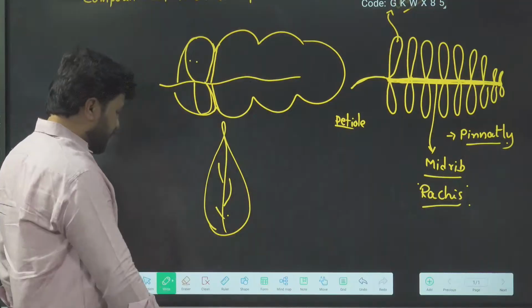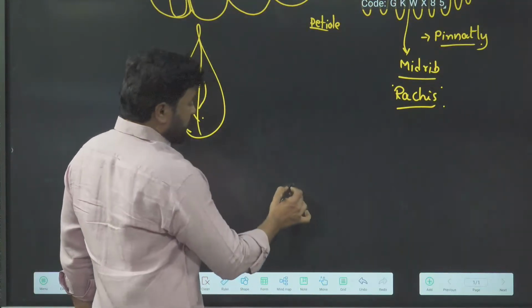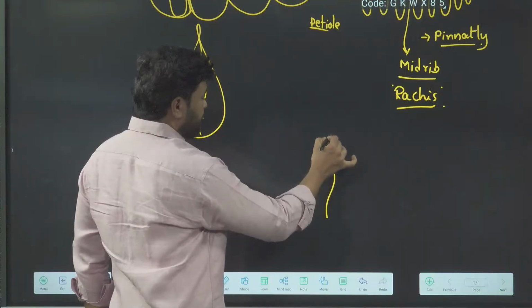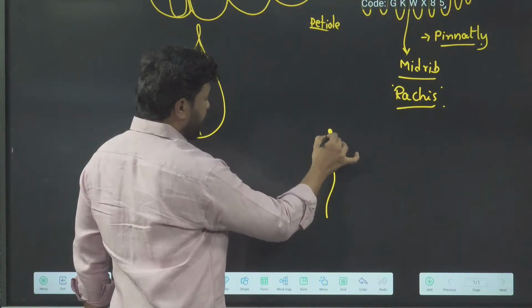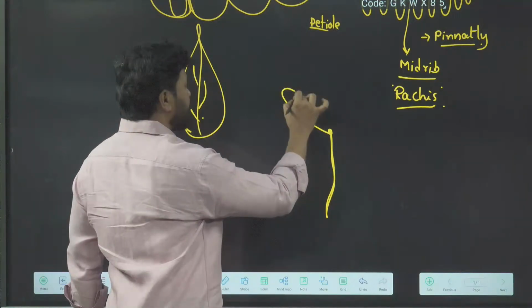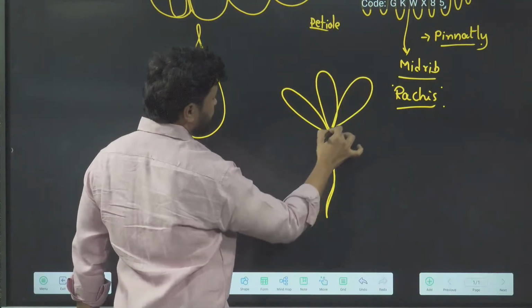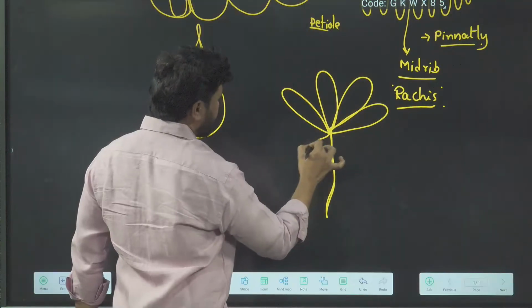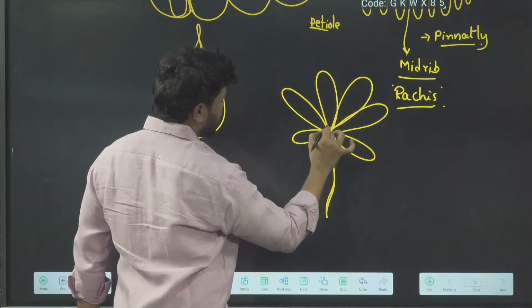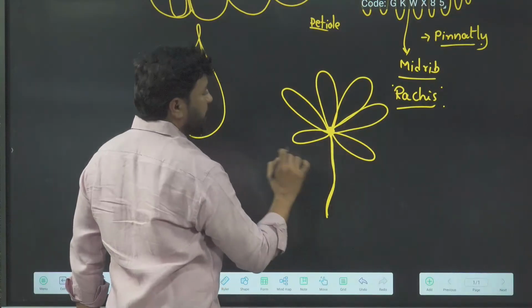In some other cases, what happens? This is a petiole, and this is the end of the petiole. The leaf lamina will get incised or cut into parts. All these parts will attach to one point at the tip of the leaf petiole.